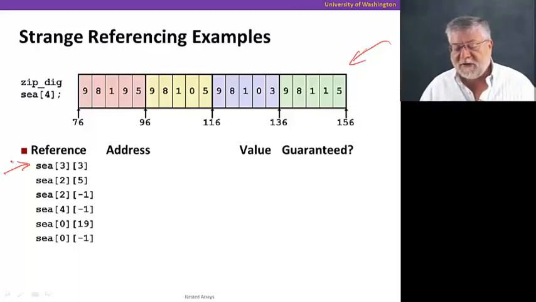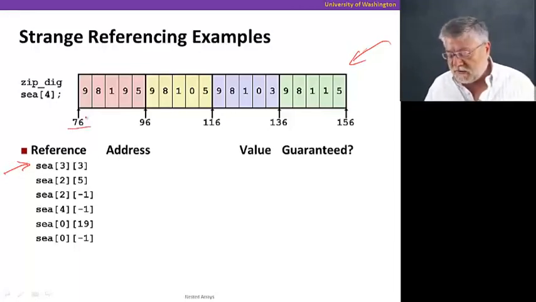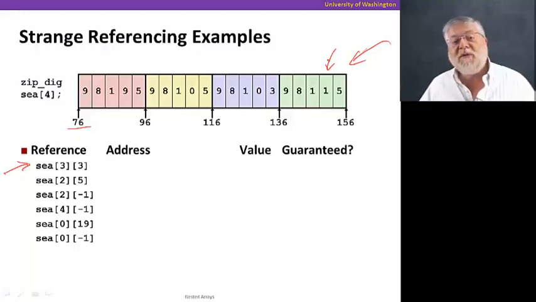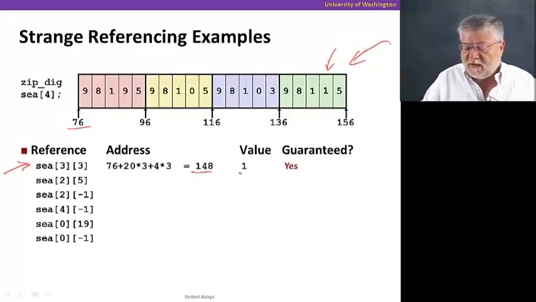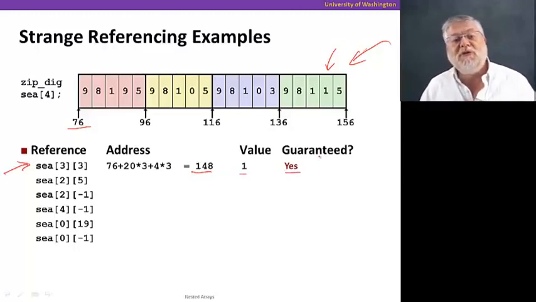So it would be 72 total plus the starting address of the array at 76, which puts us at 148. And the value of that element is this one right here, the 1. Remember, it's the 4th row, the 4th element, because our indices are off by 1. They start at 0. So we see that the address is 148, the value is 1, and this is in fact guaranteed because of our row major order for how we store these arrays.